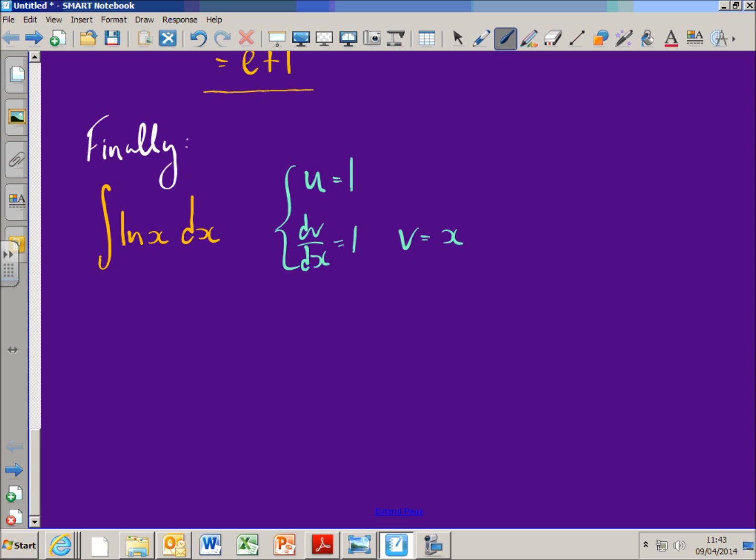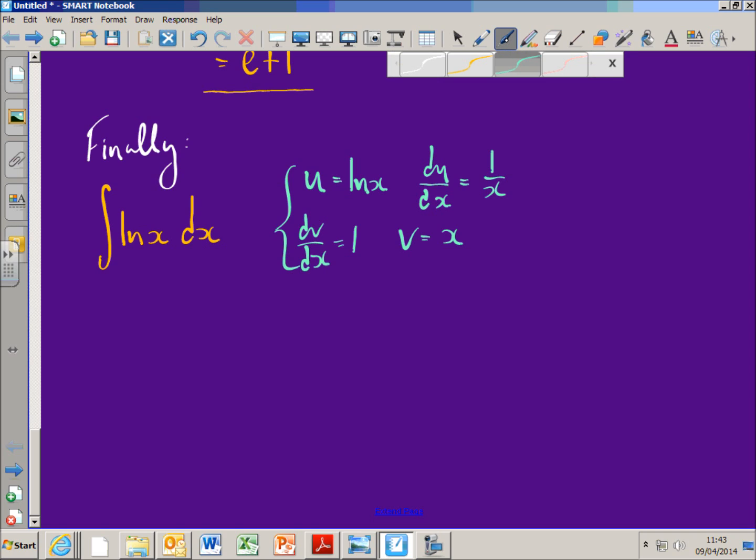So this one must be the ln x. Can you tell me what the derivative of ln x is? 1 over x. What would have happened if I'd done it the other way around and I made the dv dx the ln x? Well, no. I'd have to integrate it, but what's the question? Yeah, so I'd just give myself the same question that I was trying to solve, right? Can you see that? Okay.